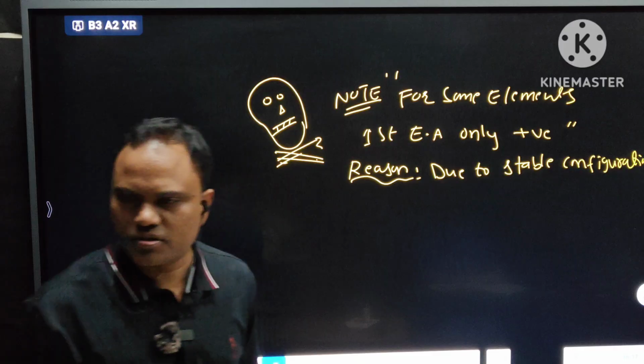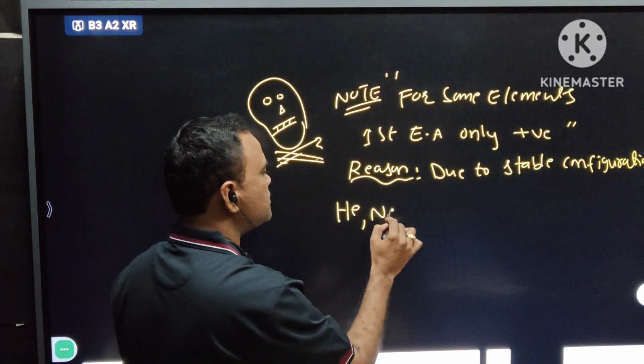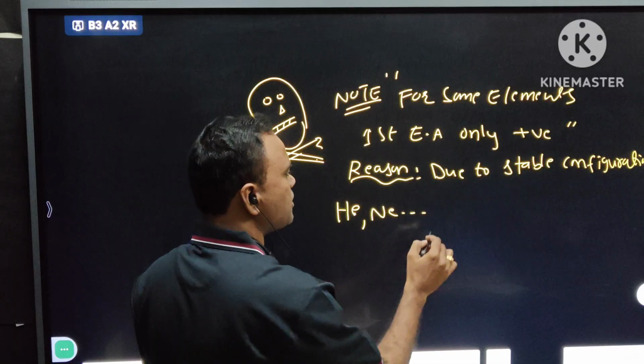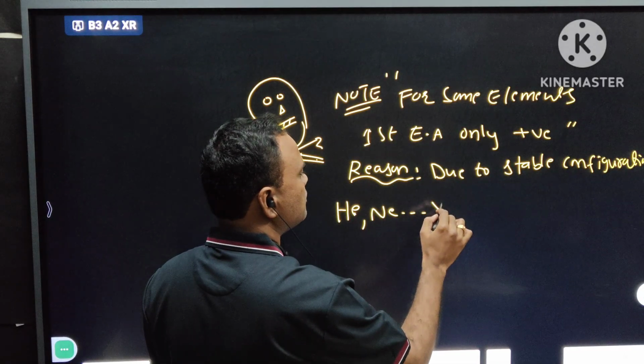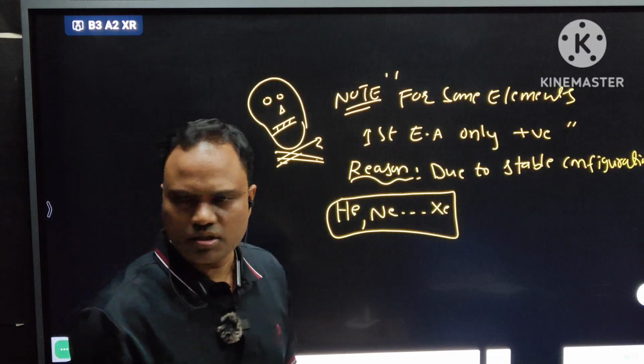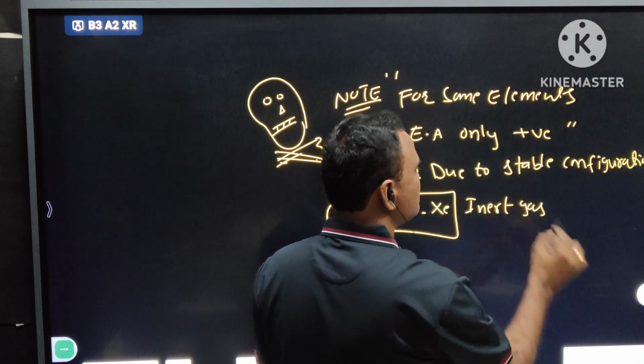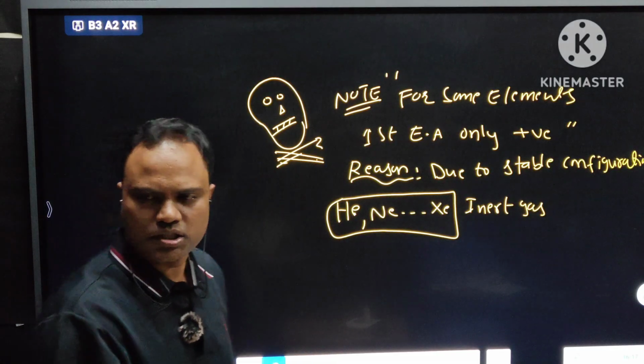You just remember that. Helium, neon, inert gases: helium, neon, argon, krypton, xenon and radon. Radon is radioactive, so omit it. For inert gas elements, first electron affinity is only positive.